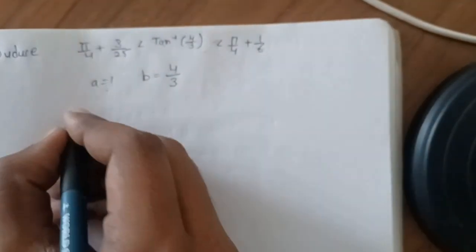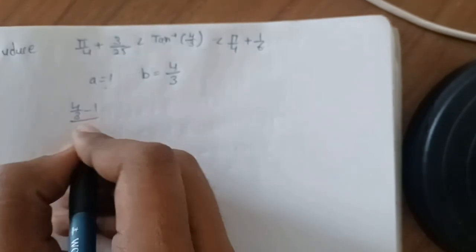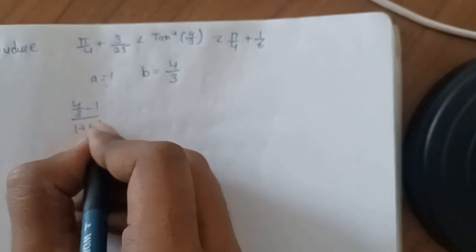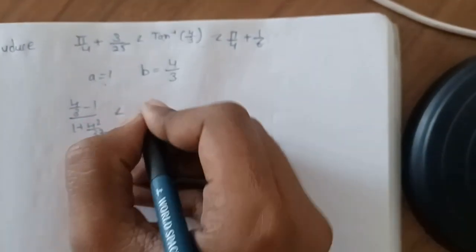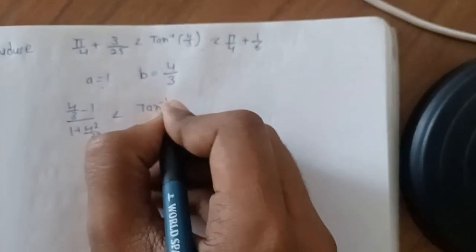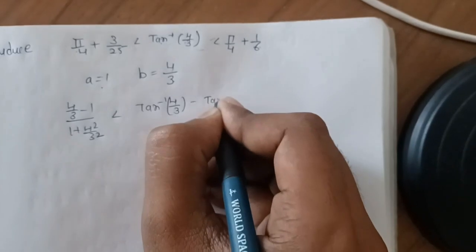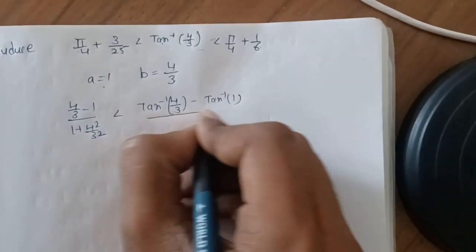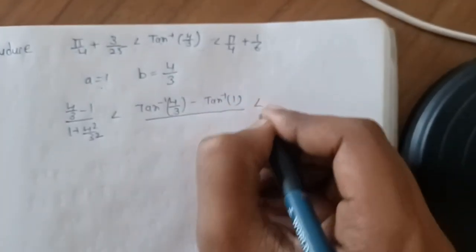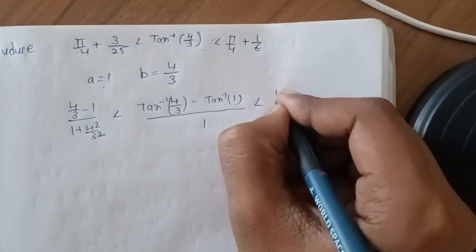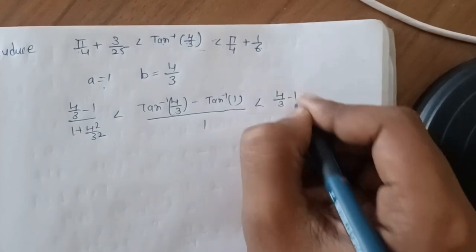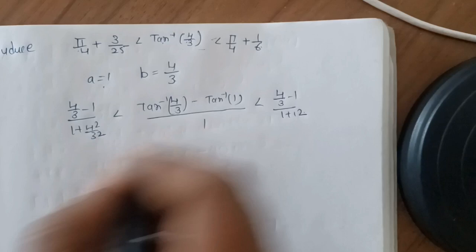Then we will get 4 by 3 minus 1 by 1 plus 4 square plus 3 square, which is less than tan inverse b minus tan inverse a by 1, there is nothing else, no problem. 3 minus 1 by 1 plus 1 square.